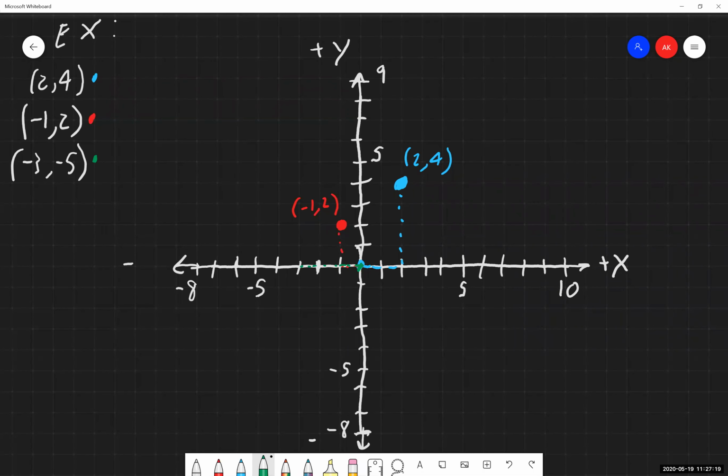So I'm counting over 3. And then I'm going 5 in the negative direction for my y values along my y axis. It's going to put me right to here. The value here is -3, -5.